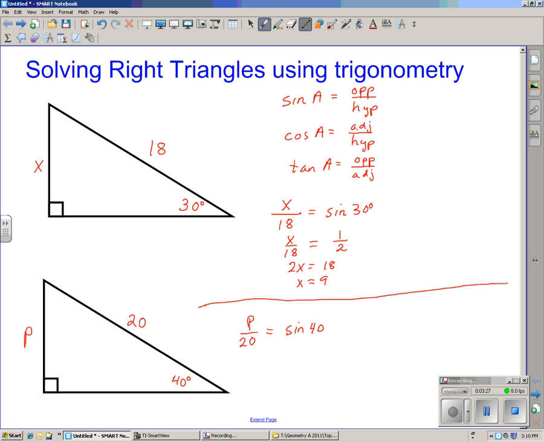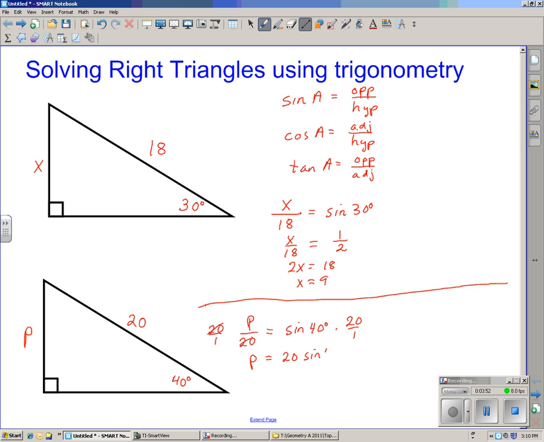I've clearly identified that. Now, when you do these problems, do the algebra first. What I mean by that is, instead of going to your calculator right now, multiply both sides by 20 over 1. The 20s cancel out, I'm isolating p. I get p is equal to 20 sine 40.